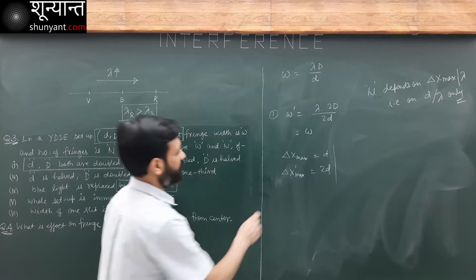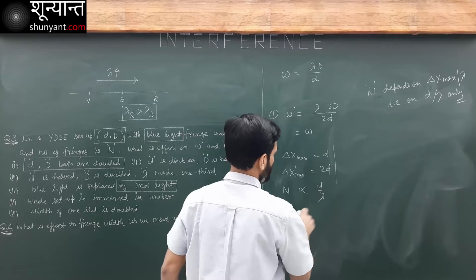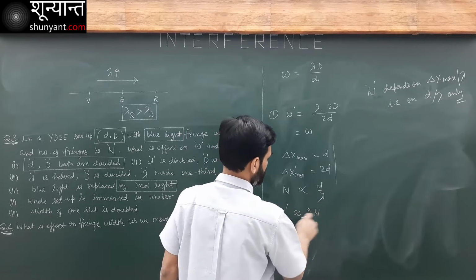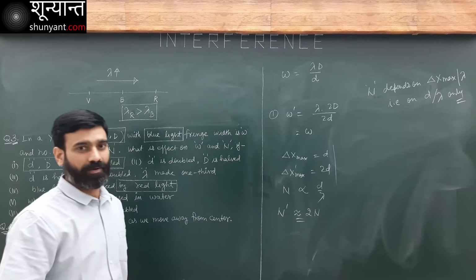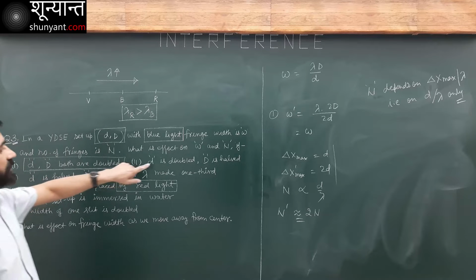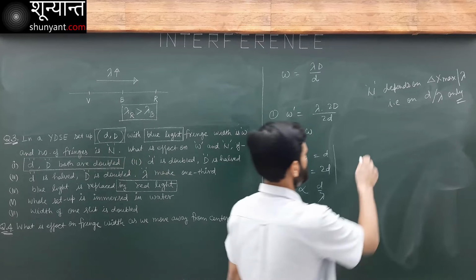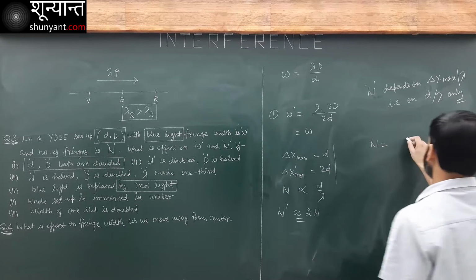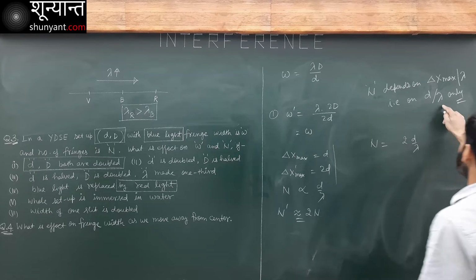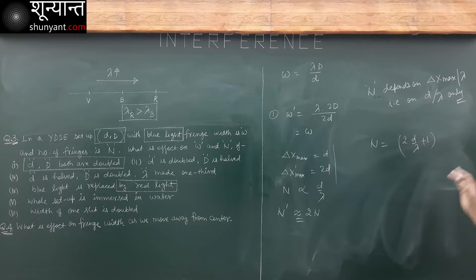So the number of fringes, n, is proportional to d over lambda. So n dash will be approximately 2 times n. Approximately double. d is double. Why am I saying approximately? It is because n is equal to 2 times d over lambda, plus 1 or minus 1, it does not matter.